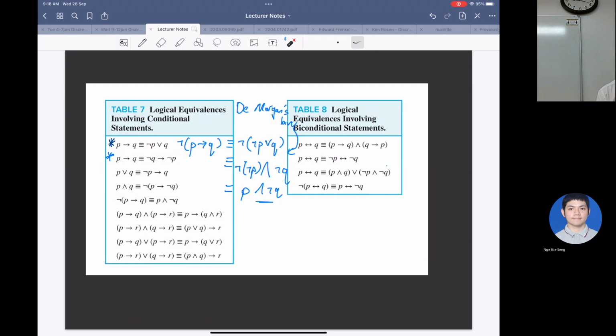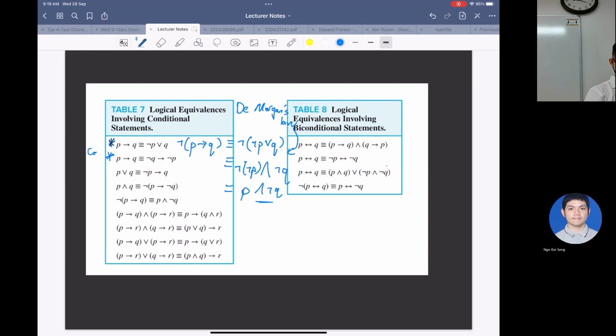And then the second one, do you recognize what this is? You swap the position and then put negation. It's a con what? Converse or contrapositive?